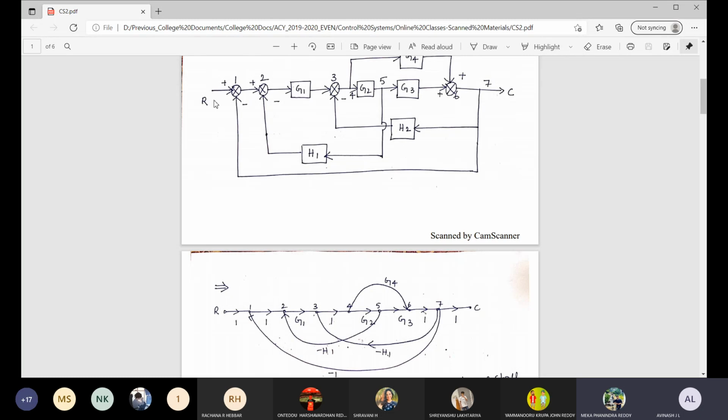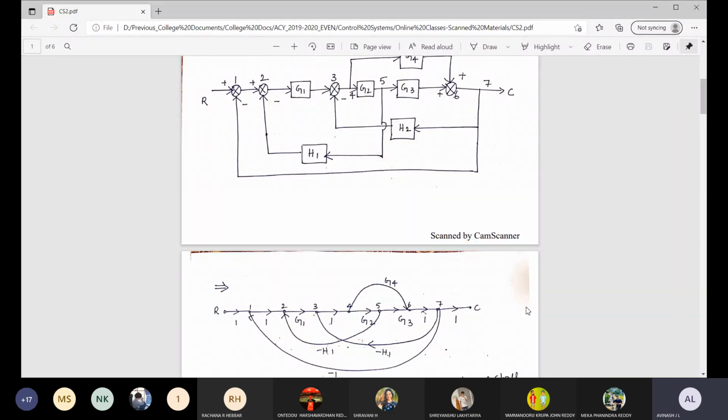So now write this particular thing, that is R at the beginning. Now first node, all the 1, 2, 3, 4, 5, 6, 7 are there. Give some space gap, and in a straight line you mark 1, 2, 3, 4, 5, 6, 7 and C. So between R and C, there should be 1, 2, 3, 4, 5, 6, 7.